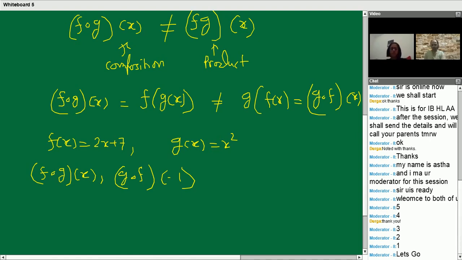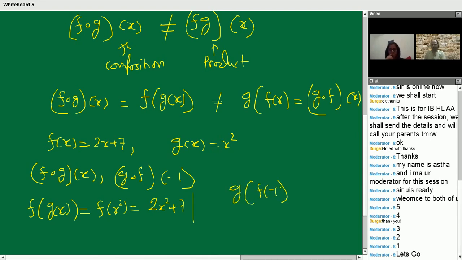G of f of negative 1 would be negative 2 plus 7, 5, 25. So it is 2x squared plus 7, true. And g of f of negative 1 is basically g of 5, so it is 5 squared, 25. True. If we substitute negative 1 here, you will get 5. You will get 9. So definitely you can see that the right hand and left hand are completely different.